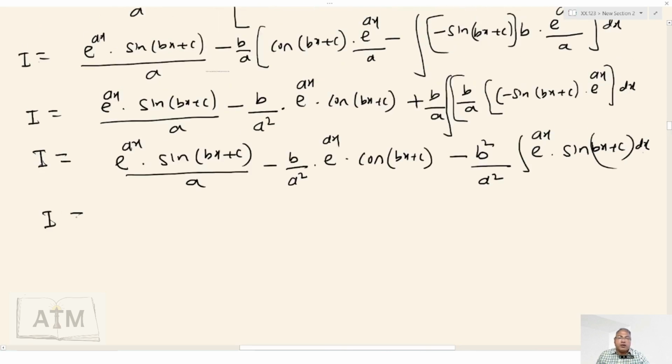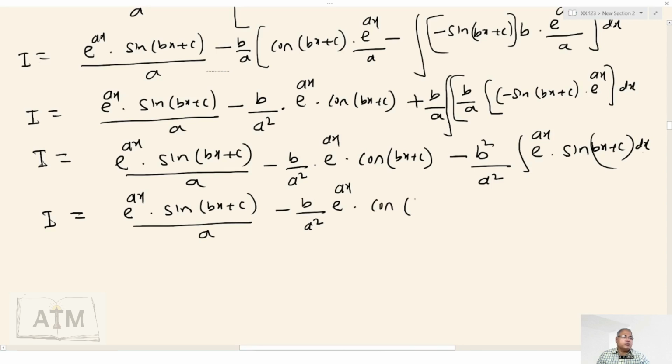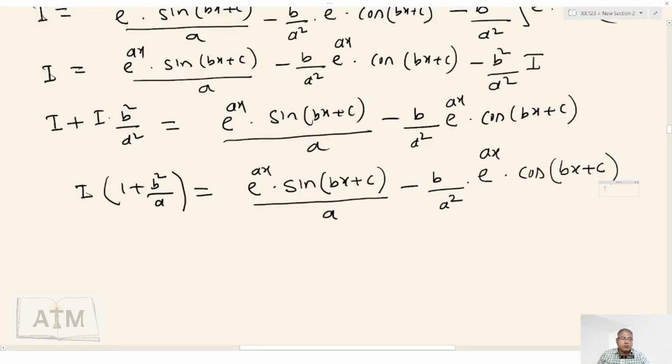Therefore, I equals e^(ax) sin(bx+c)/a minus b/a² e^(ax) cos(bx+c) minus b²/a² into I, which can be written as I plus I into b²/a² equals, RHS part is remaining same.